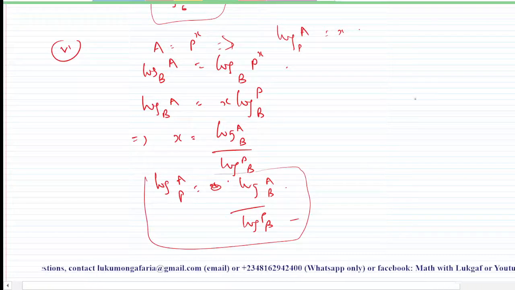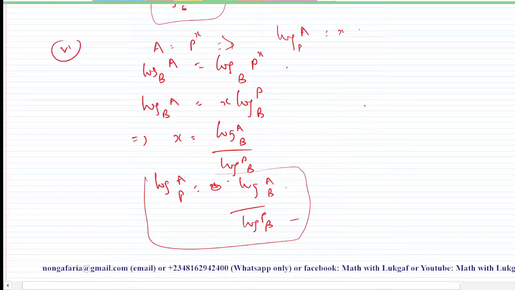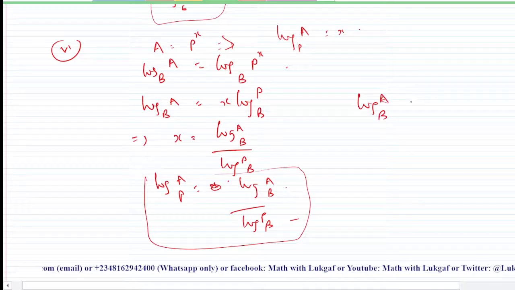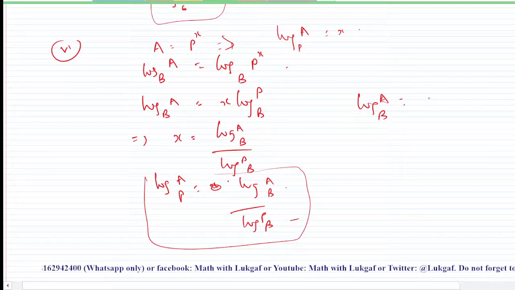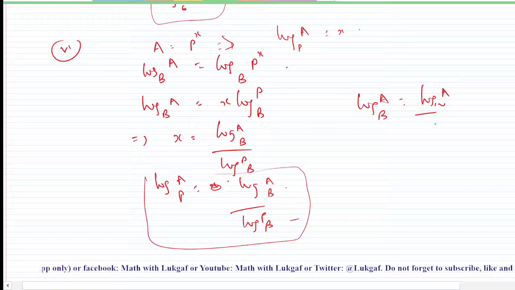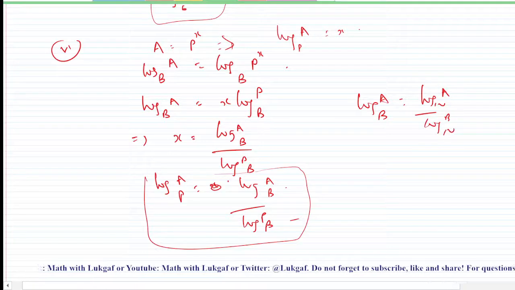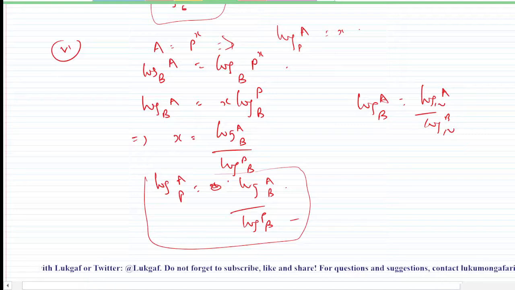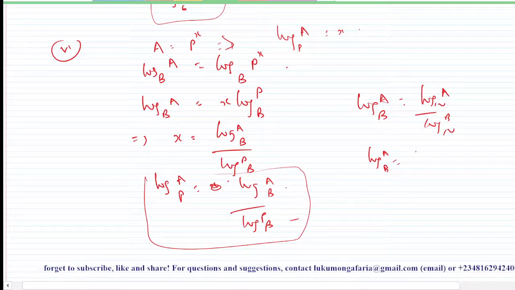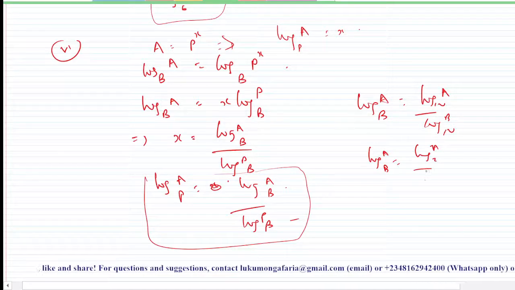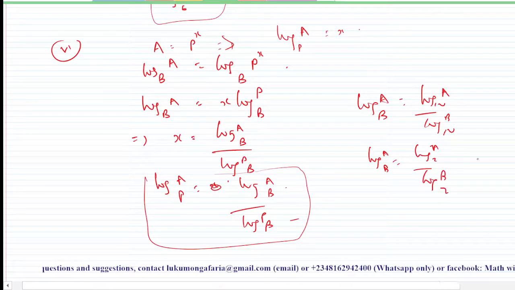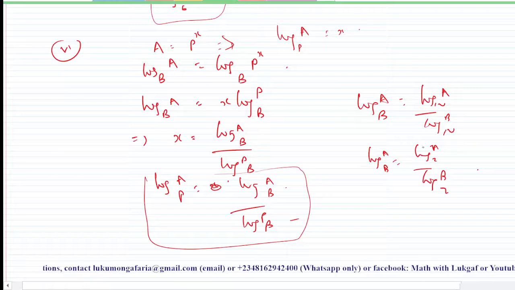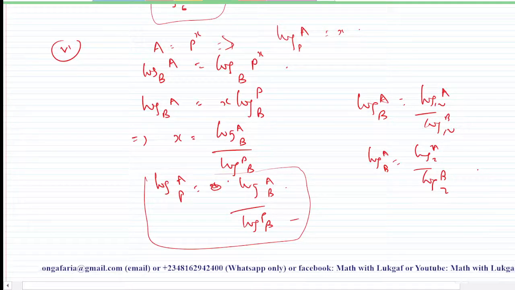When you have your logarithm like this, maybe log A base B, then you can say this is the same thing as log A base 10 divided by log B base 10. You can see we split that. Likewise, you can rewrite it as log A base 2 divided by log B base 2. So that is what the law is saying.